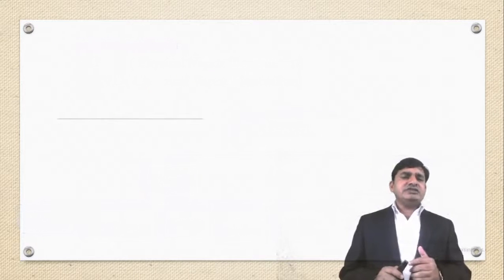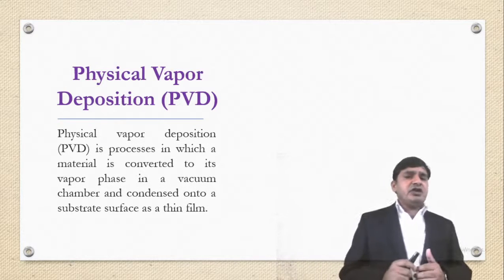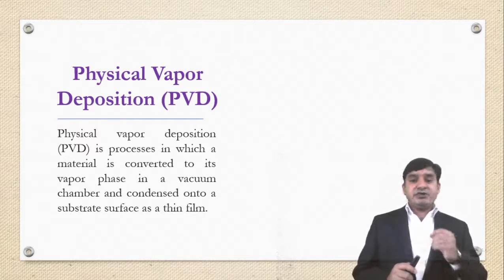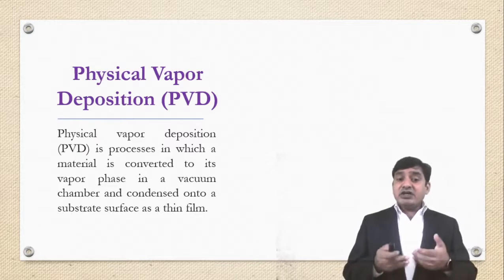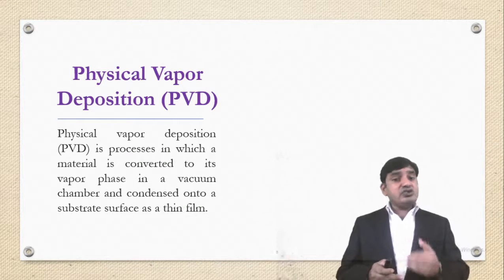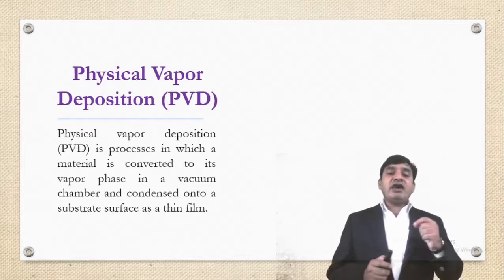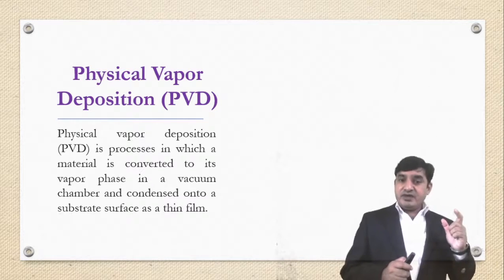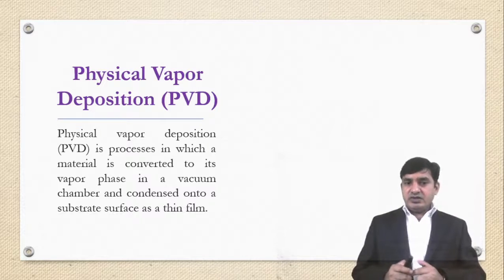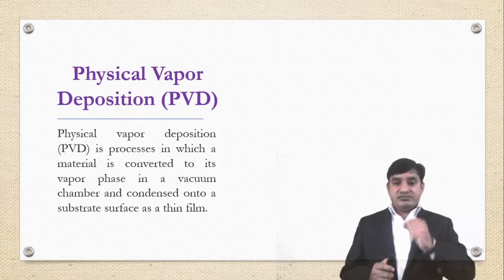We have to see what this physical vapor deposition is. Physical vapor deposition is a process in which the material is converted into the vapor phase. The material is heated so that it is converted into the vapor phase in a vacuum chamber and condensed onto the substrate surface as a thin film.